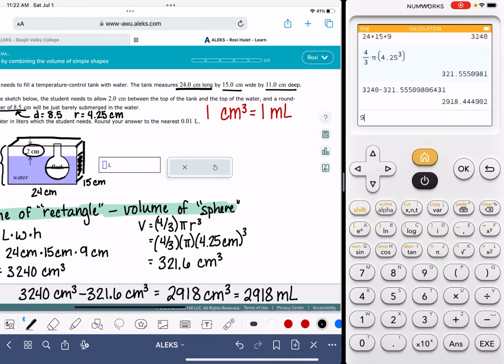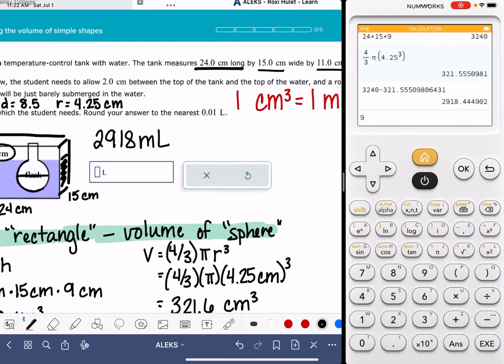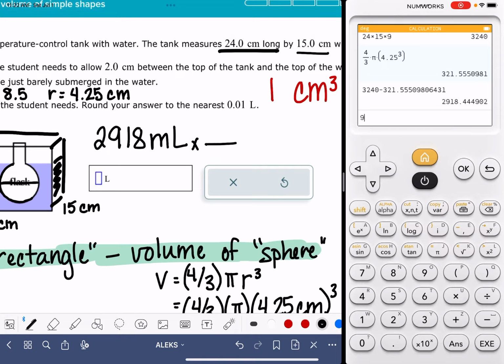And so now we have our volume in milliliters, and it's going to be really easy to convert that into liters. I'm going to write that conversion up here, 2,918 milliliters. We want to multiply this by a conversion factor that has the milliliter unit on the bottom and the liter unit on top.